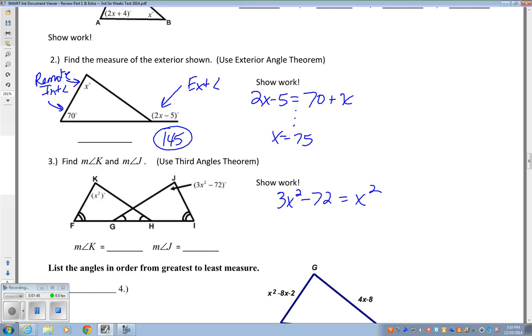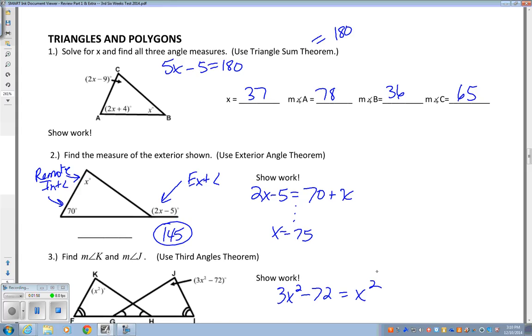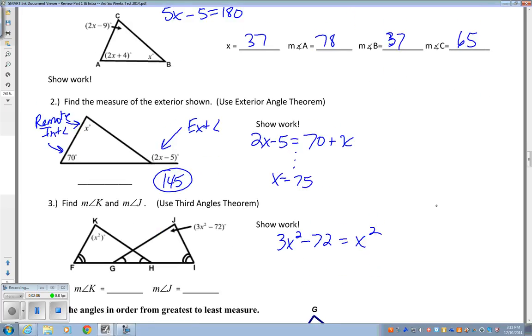The 2x squared minus 17 equals 0. Oh, sorry. It's not 30. It's 37. Did I write 36? Oh, it's 37. Sorry. It was the x. My bad.